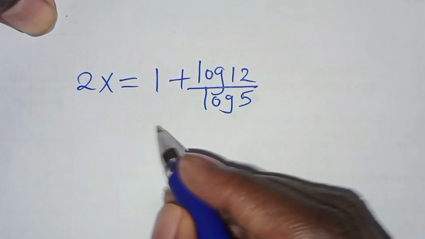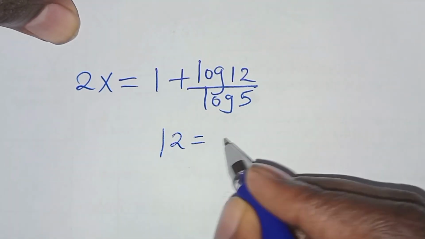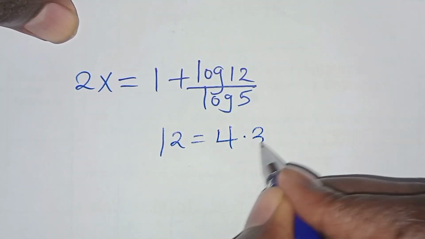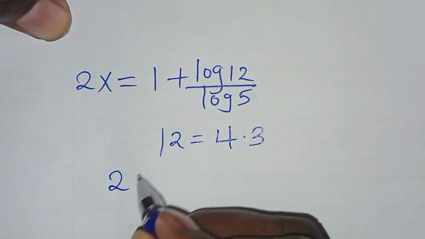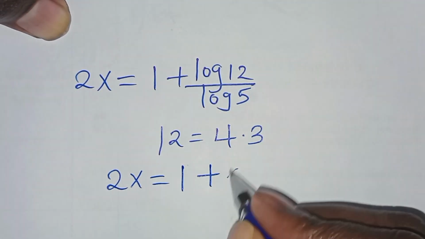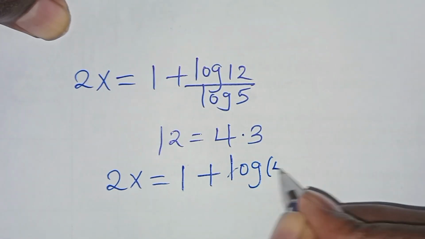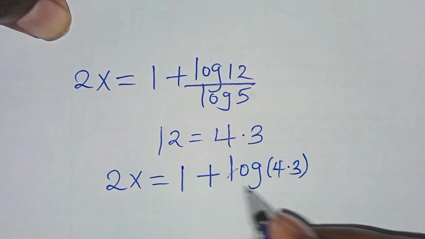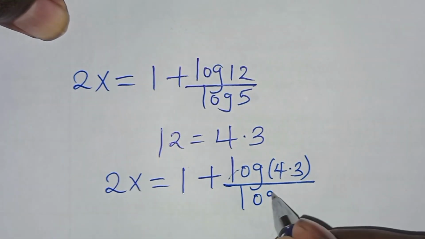From here we can express 12 as 4 times 3. So this implies that we have 2x is equal to 1 plus log of 4 times 3 divided by log 5.